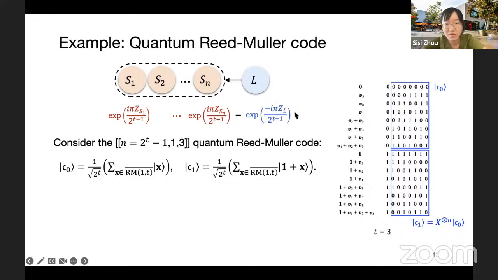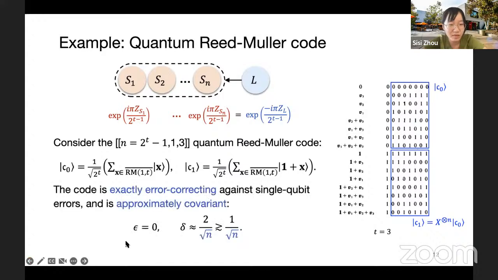If we want to implement the rotation of the Pauli Z operator, we can do this up to a certain precision where T can be very large. In that case, we would have an approximately covariant code. We can compute delta in this case, which is going to be 2 over the square root of n, and it exactly matches our lower bound up to a constant factor of 2.